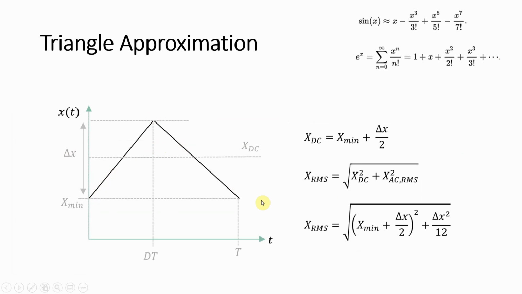Why can we do that? Because we have series, I'm not sure if you've seen them in your math courses, they're called Taylor series. They basically give an approximation at a certain working point for nonlinear functions like sine and exponential. You see that sine of x has this format.